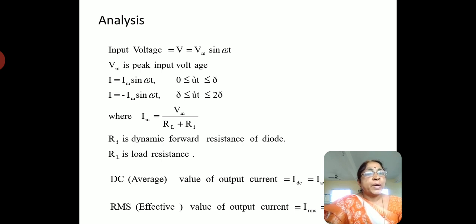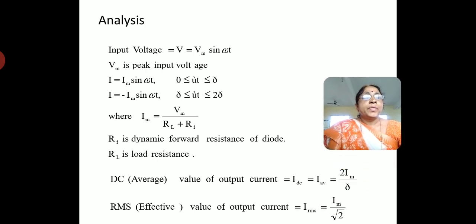From pi to 2 pi, the current flows in the reverse direction, from downward to upward, so I equals minus Im sin omega t, where Im is the maximum current, equal to Vm divided by RL plus Rf, where Rf is the dynamic forward resistance of the diode and RL is the load resistance.